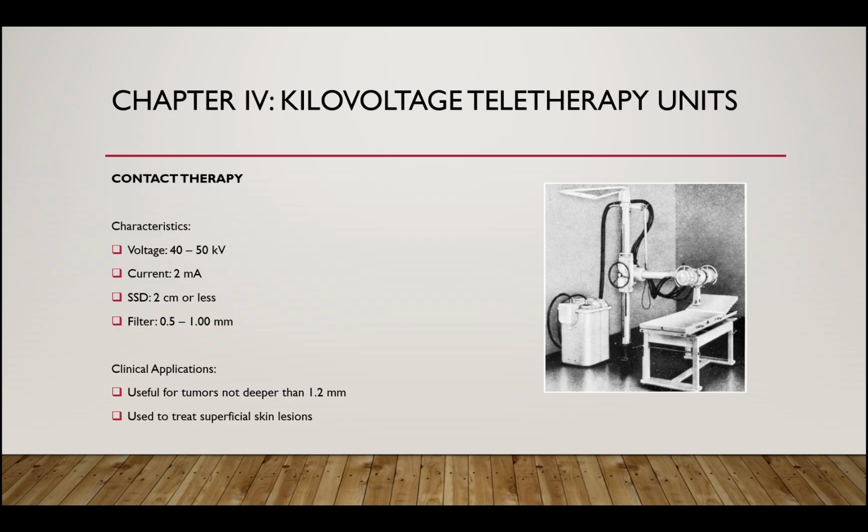So the clinical applications for contact therapy, they are used for tumors not deeper than 1.2 millimeter, and it's used to treat superficial skin lesions. The contact therapy, we also call it endocavitary machine because it was mostly used for the treatment of superficial rectal cancers. Okay? Rectal cancers. That is why we call it endocavitary.